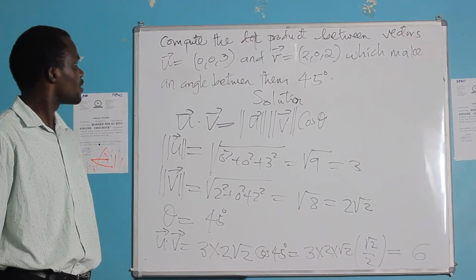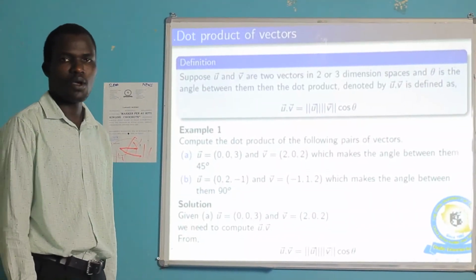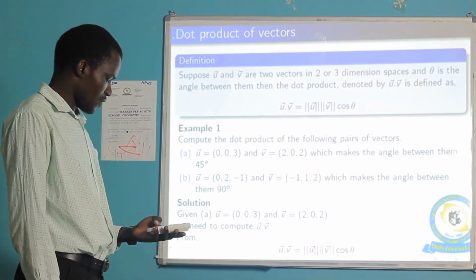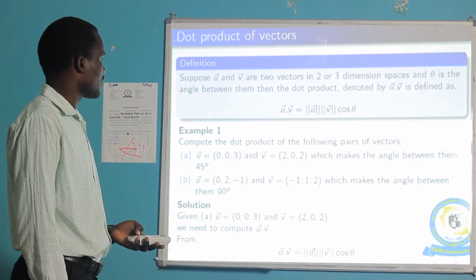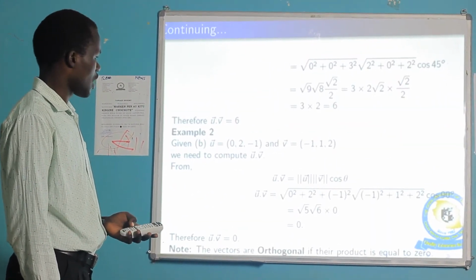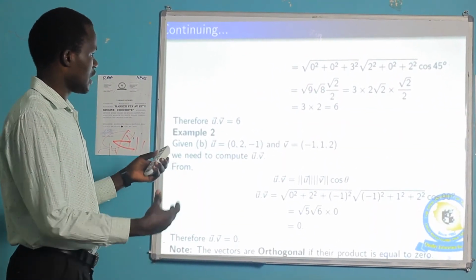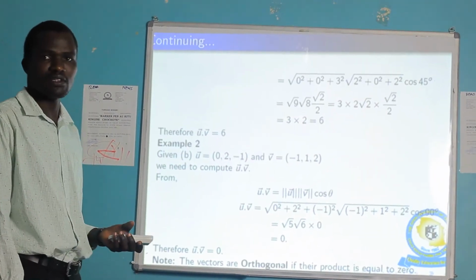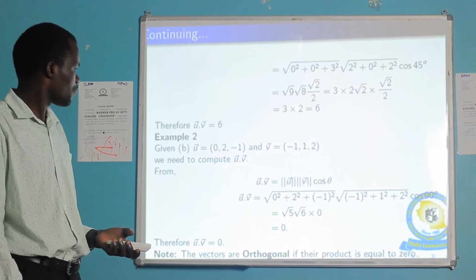Okay, let's go to the next. Okay, dear students, we have seen the dot product of vectors, and these are different solutions of different examples.